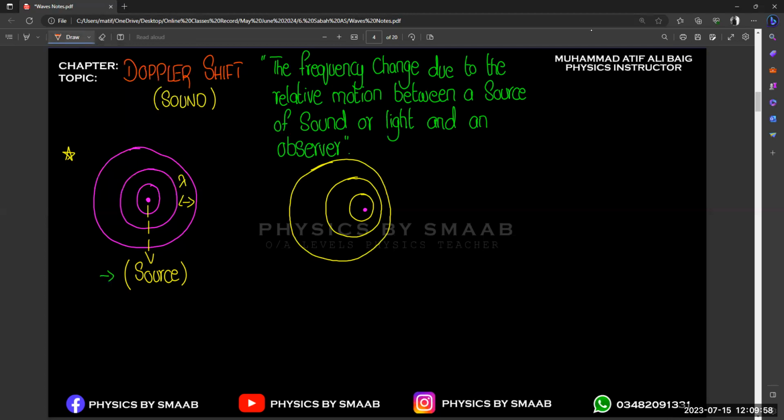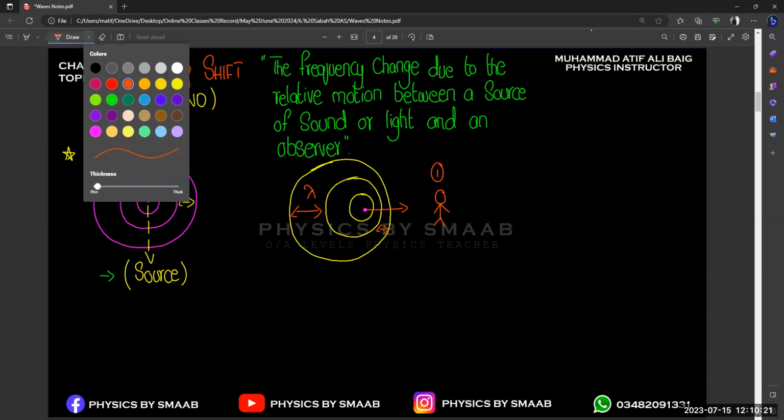We are moving towards the right-hand side, this is the direction, and we are talking about one observer. The observer is placed over here, this is our first observer. If we talk about the wavelength, this wavelength will be greater, and this wavelength is very short as compared to the original.